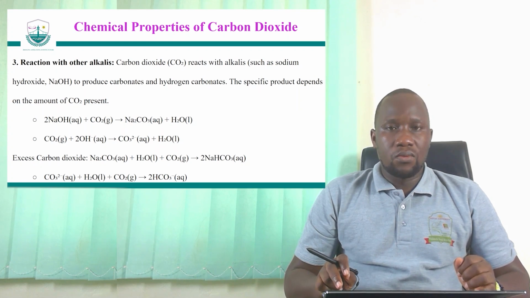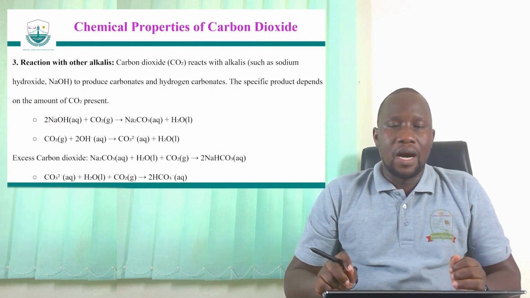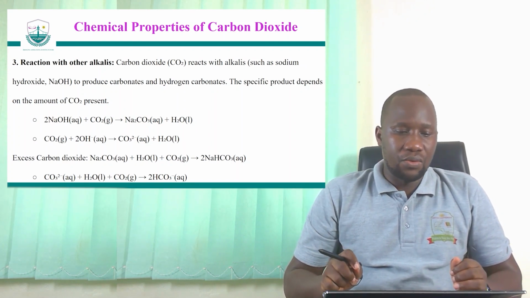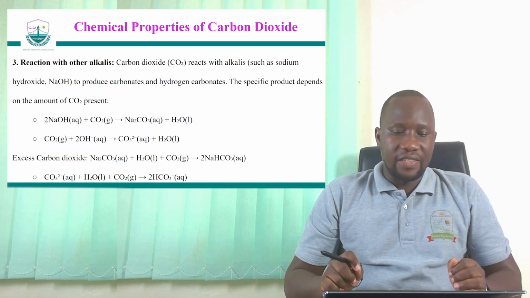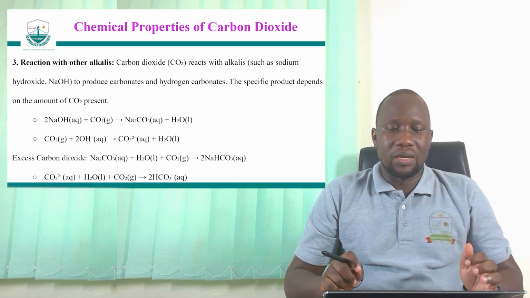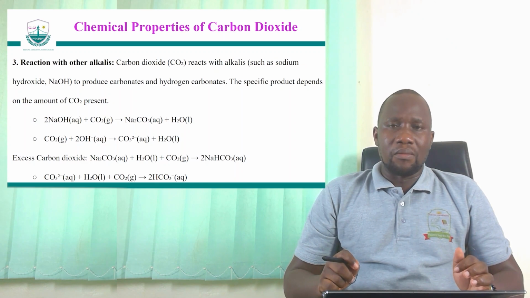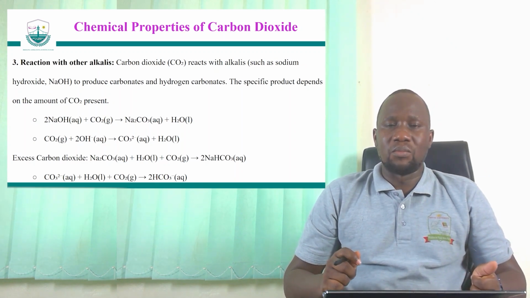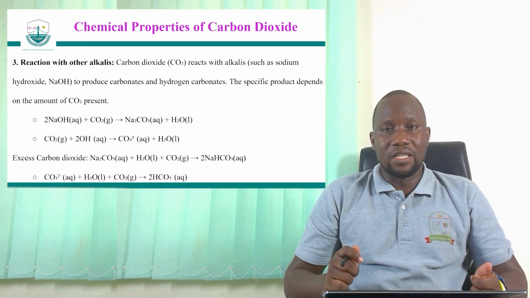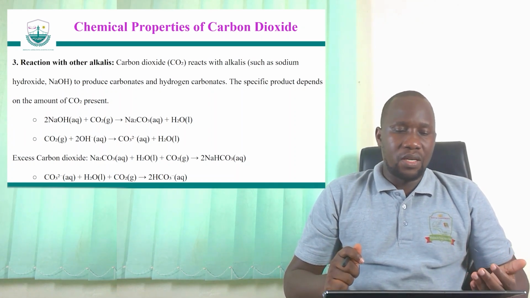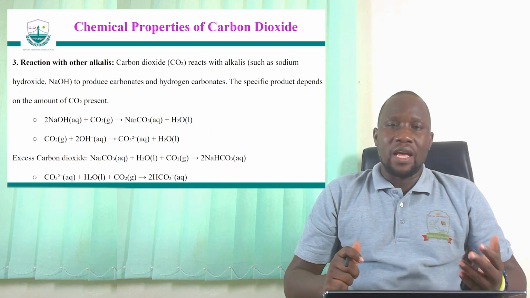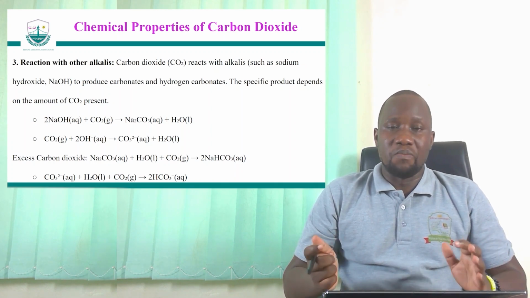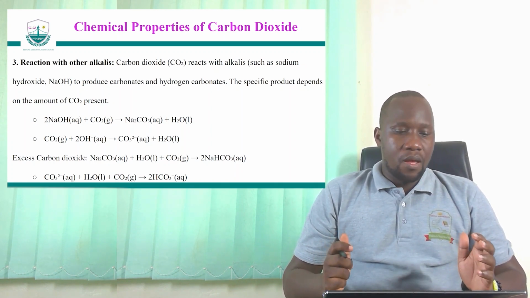So how does carbon dioxide react with alkalis? We are going to use the example that we talked about earlier on, related to the test for carbon dioxide. But here we are using sodium hydroxide as an alkali to see what happens.